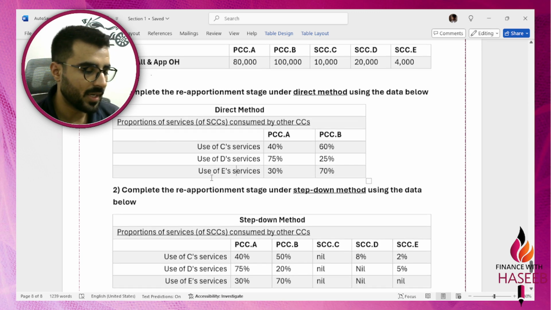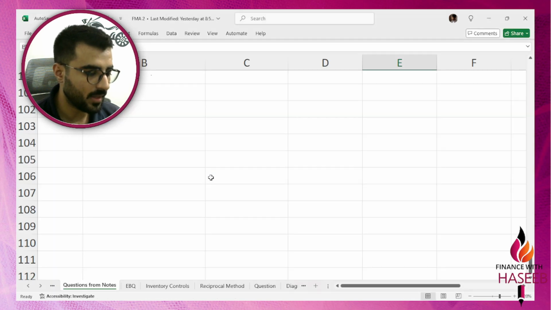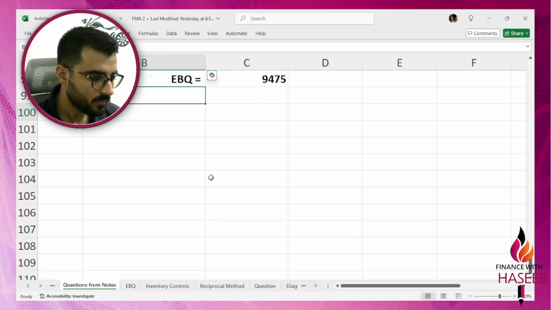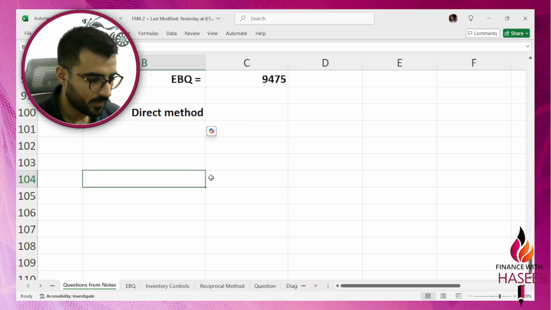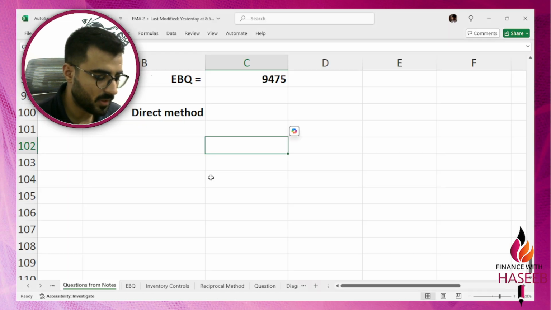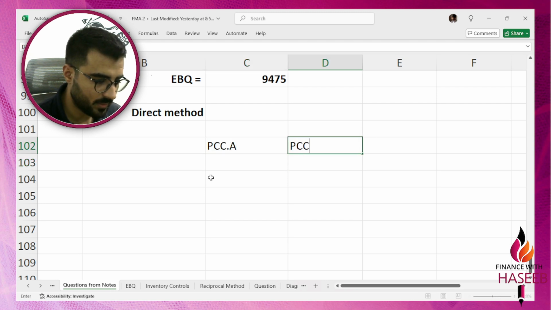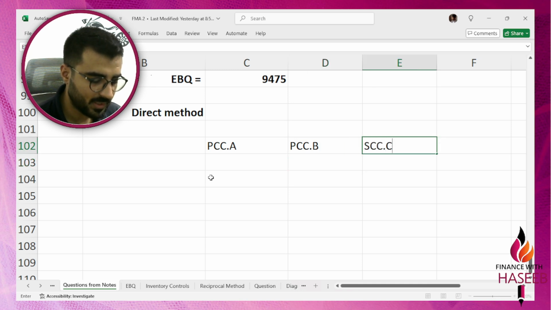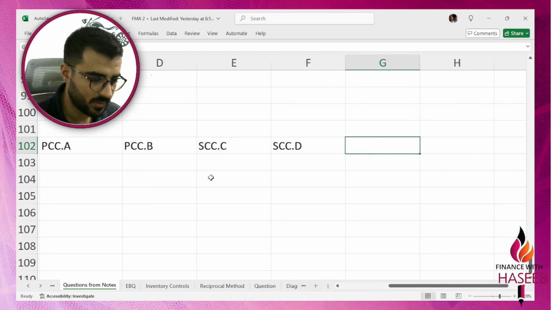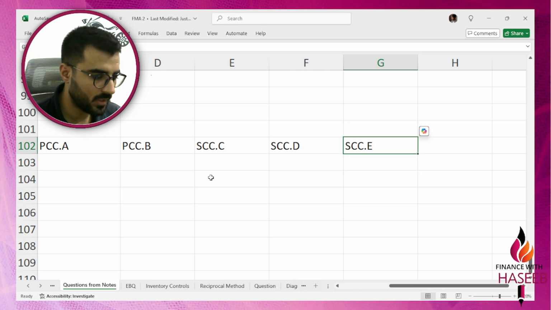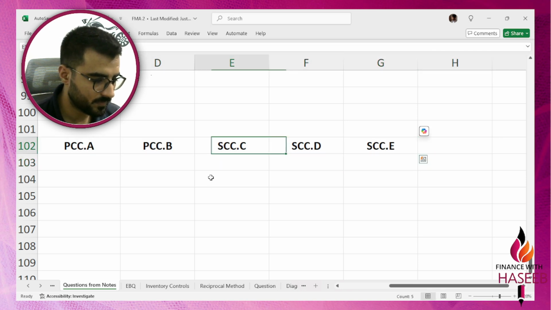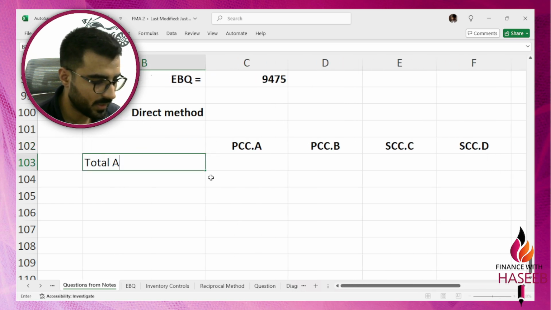Now let's move towards attempting the question under the direct method. First we will write the cost centers' names: production cost center A, production cost center B, service cost center C, service cost center D, service cost center E. Now we will write the total allocated and apportioned overhead, the data from the previous stages.